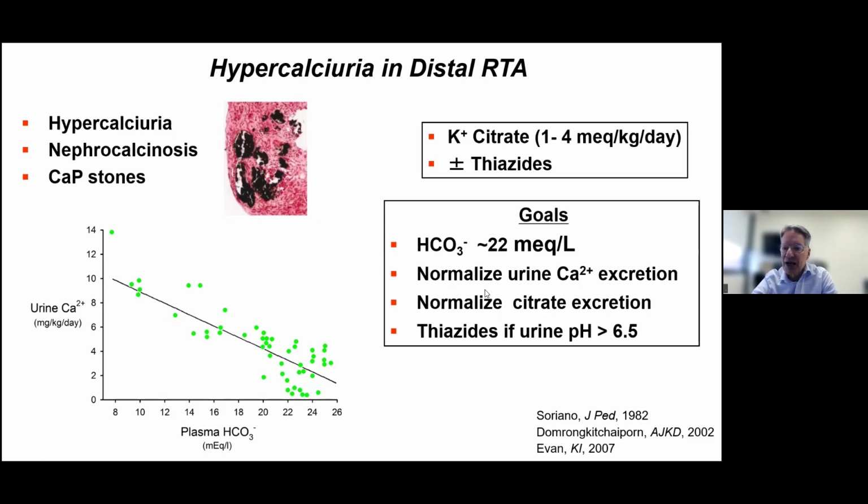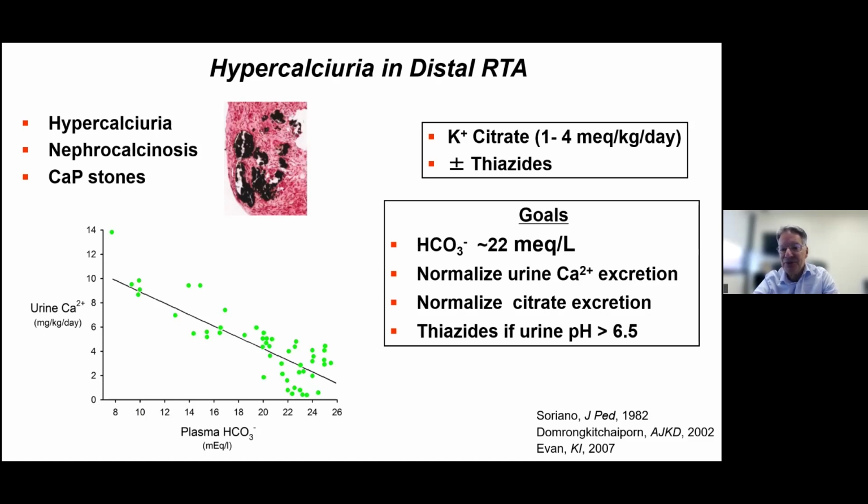We try to normalize the urine calcium excretion this way, normalize the citrate excretion, but we don't want the pH in the urine to go too high, because remember, the solubility coefficient for calcium phosphate is around 7.3, 7.4, and you don't want to precipitate more calcium phosphate.